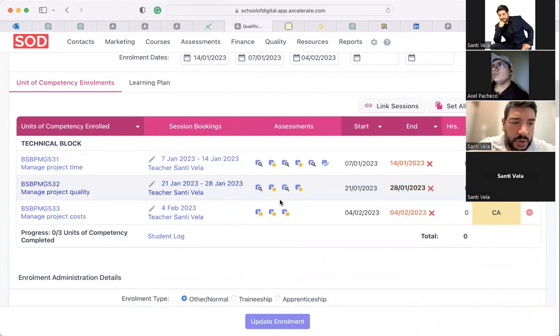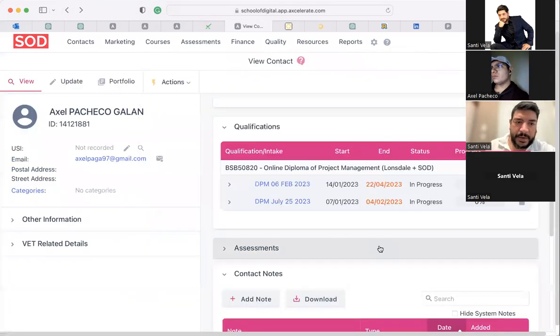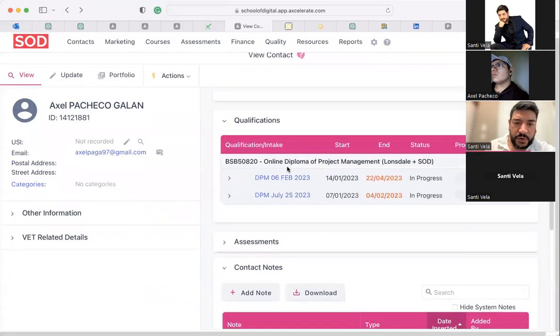We need to work on the unit managed project time, managed project quality, and managed project cost. So 5 units that you need to start working on, Axel, before you get too behind.